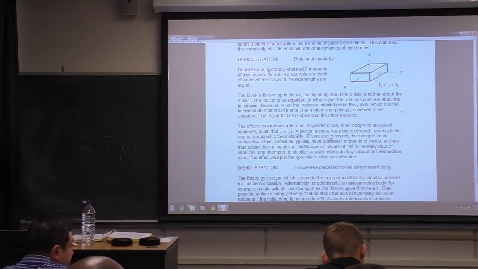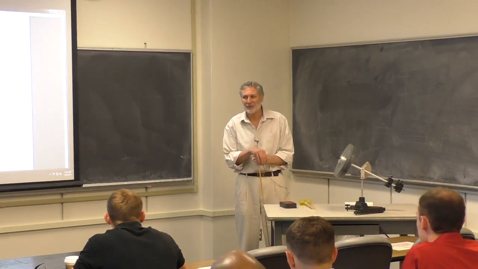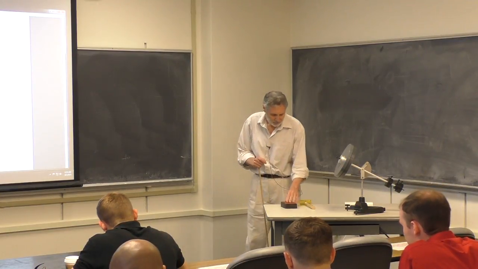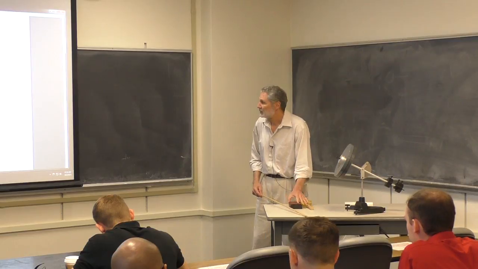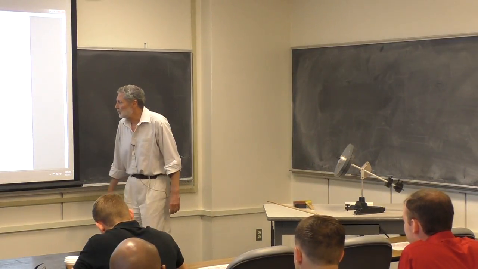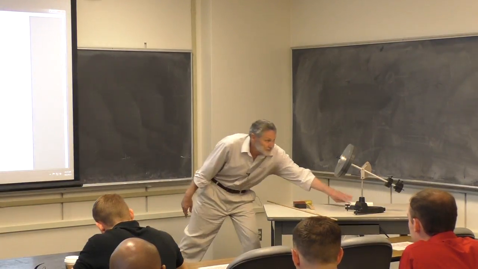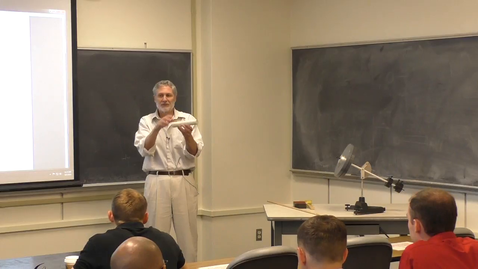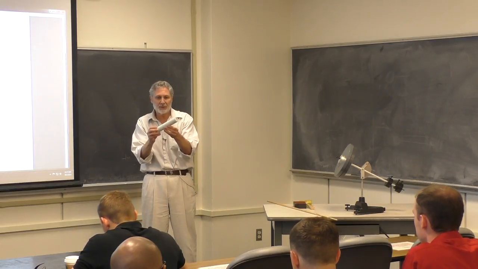As far as I know, this effect has no simple physical explanation, unfortunately. There's another effect, and this is when many objects have an axis of symmetry, like going down to the center of this cylindrical piece of wood here.